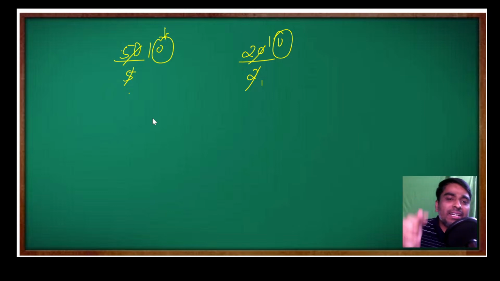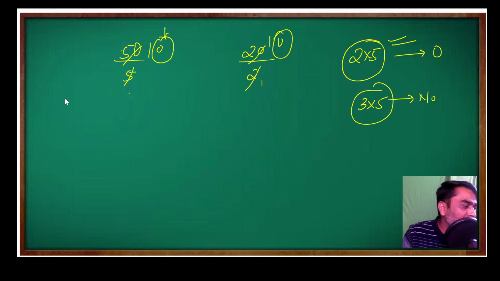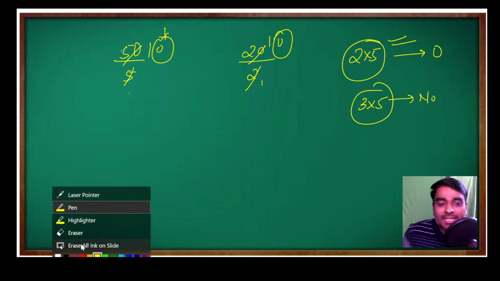Or you can consider the combination. So 2 into 5 is the combination which is needed for the number to end with 0. If 3 into 5 is coming, then no. So take it as a combination then. Okay, take it as a combination, no problem. Combination of 2 and 5.